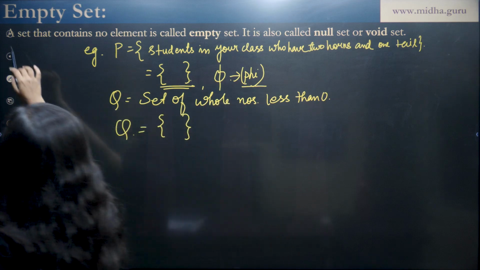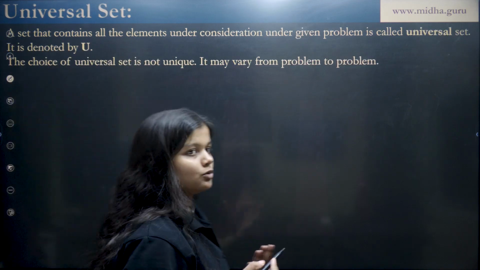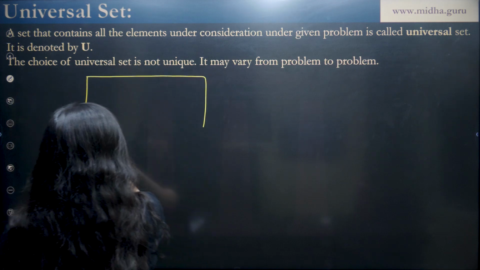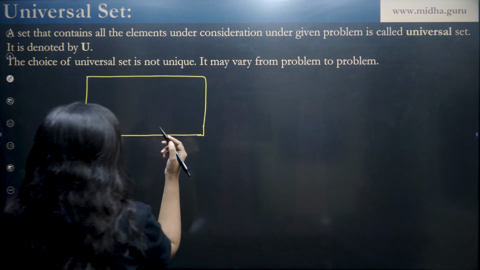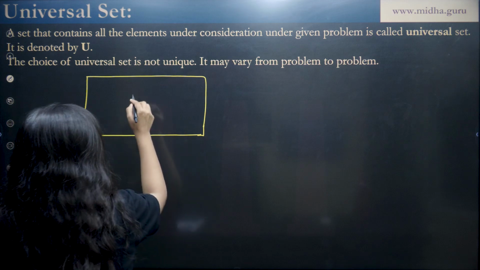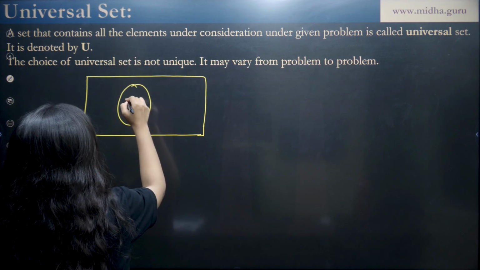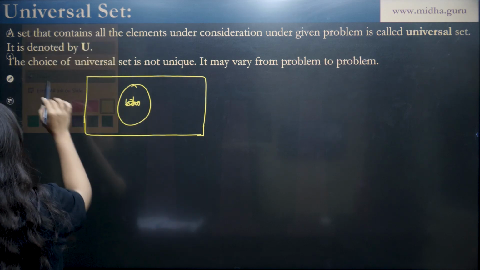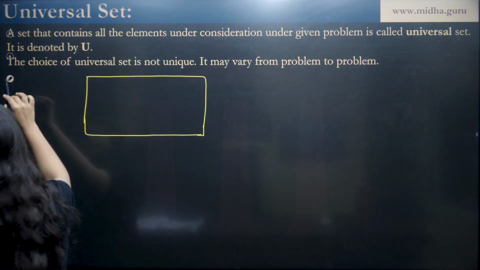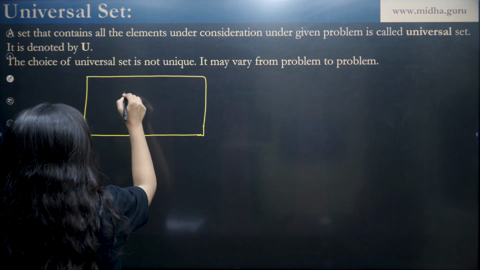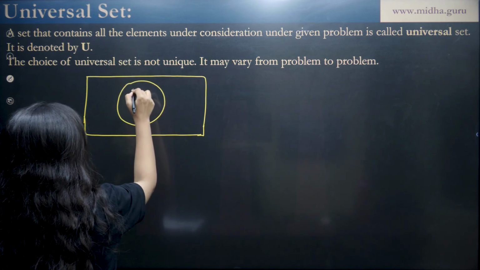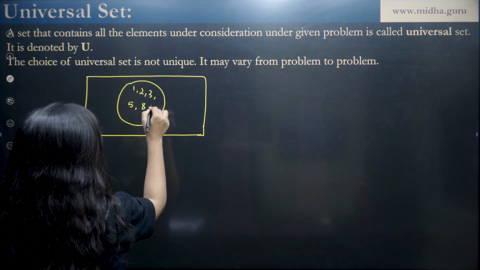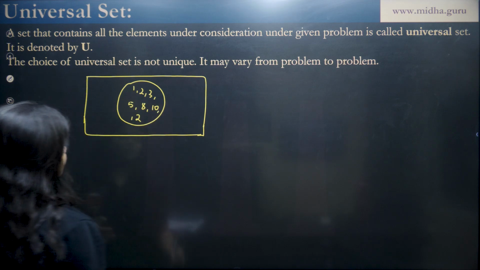Right. Now the next type of set is universal set. Universal set is what? Let's understand this with the help of an example. If this is a system, any system, and there is a set of numbers like 1, 2, 3, 5, 8, 10 and 12, right?